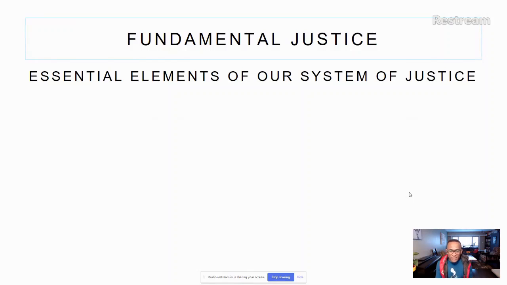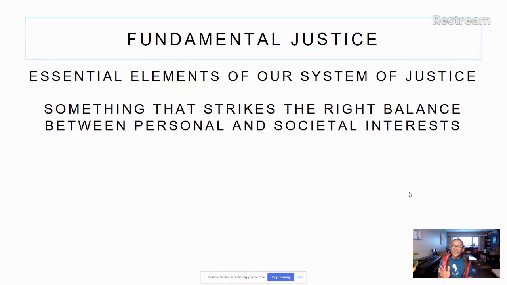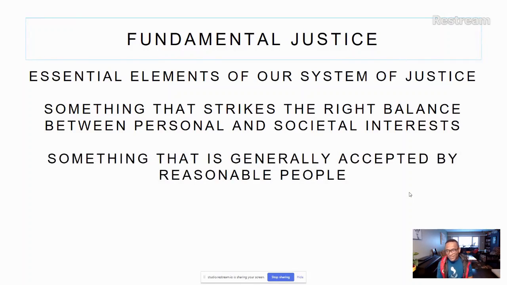The Supreme Court of Canada has said it includes, again, it has no precise meaning, but it refers to the essential elements of our system of justice. Are you getting warmer? No? I don't blame you. Something that strikes the right balance between personal and societal interests. Something that is generally accepted by reasonable people.